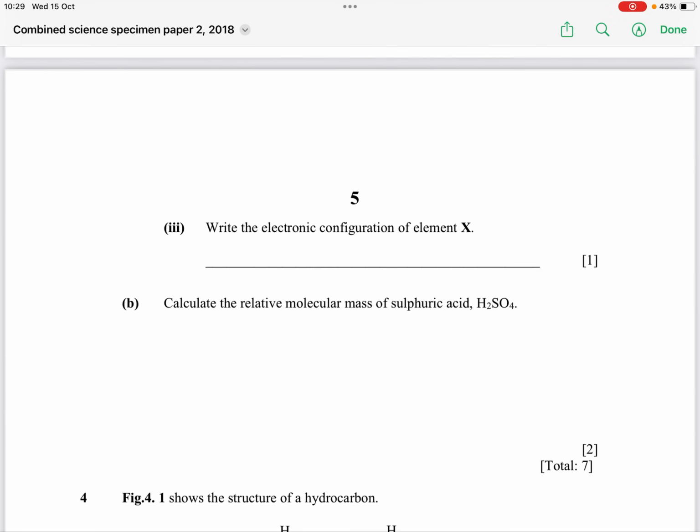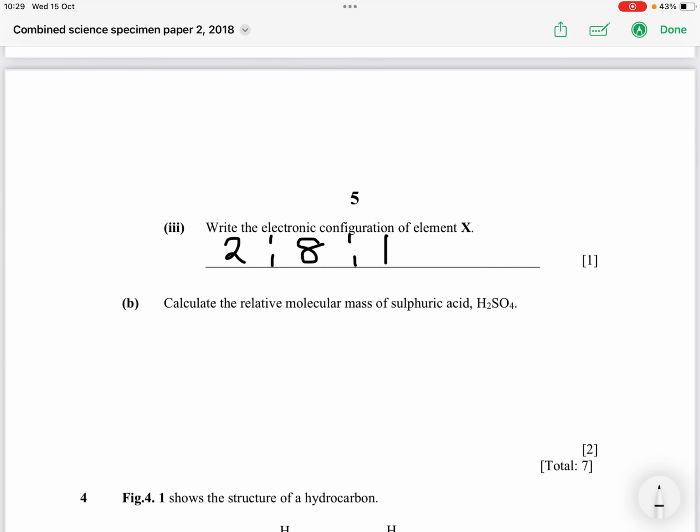The 11 protons mean that in the first shell we have a total of 2 electrons, then in the second shell we have 8, and finally in the last shell we have 1. So if we say 2 plus 8 plus 1, we get a total of 11 electrons.